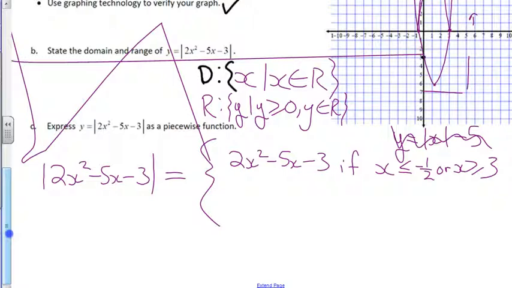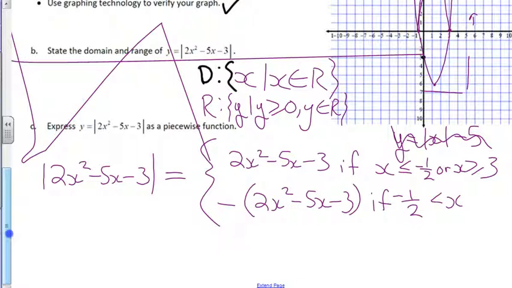So when is this greater than 0? Just leave it, right? That's the absolute value. The definition of the absolute value function is: absolute value of x is x if x is greater than or equal to 0. If it's positive, it just is what it is. Otherwise, you take the negative of it. So if it's going to give you a negative value, which is going to happen between negative 1/2 and 3, that's where it dipped down below.